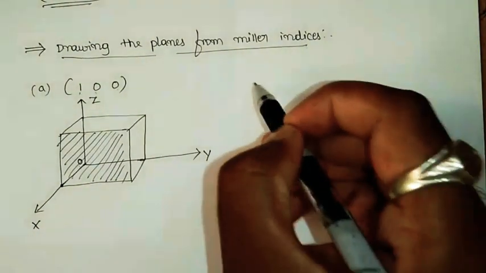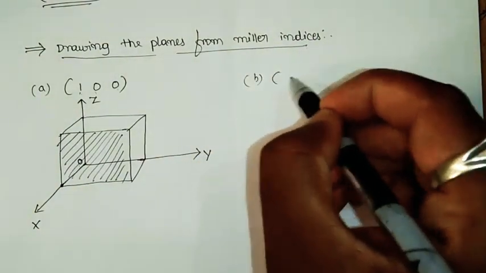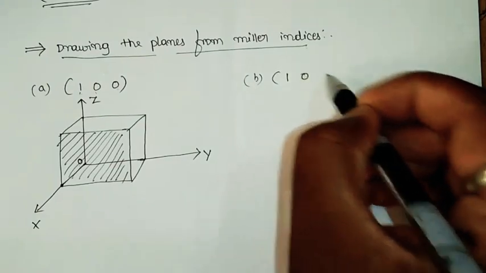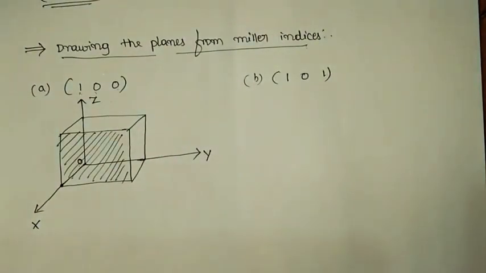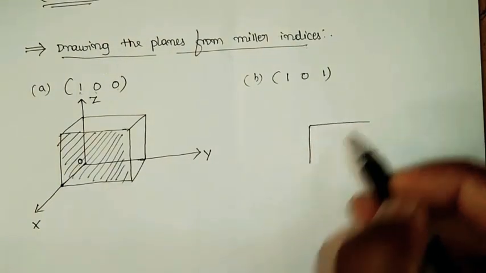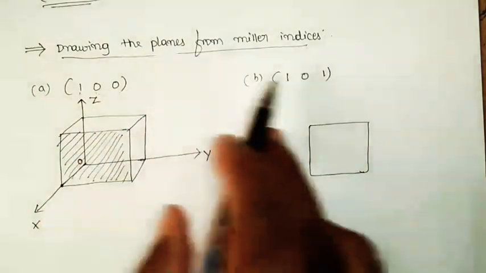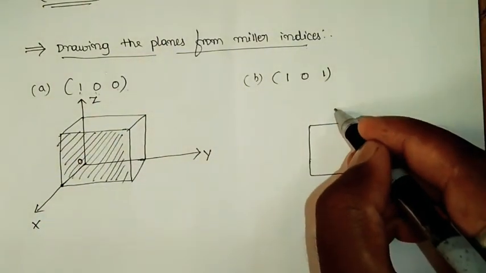Let us consider one more, the 1, 0, 1 plane, and for this we shall draw the plane. We have done 1, 0, 0, and now we are going with 1, 0, 1.